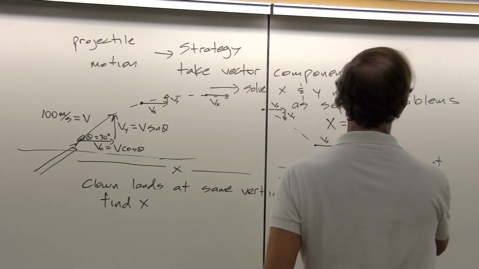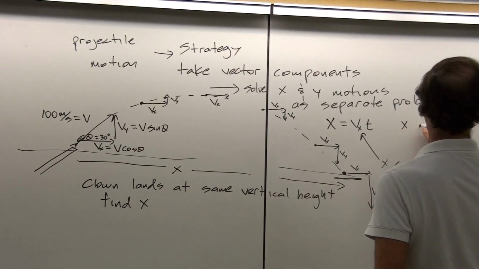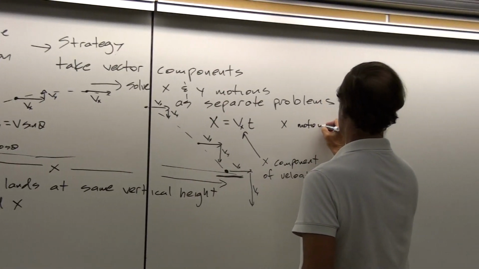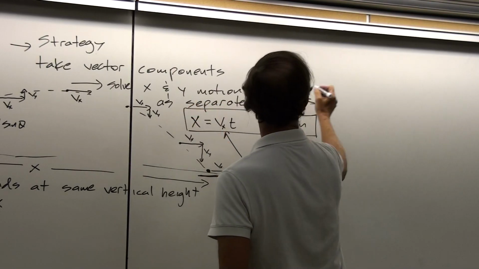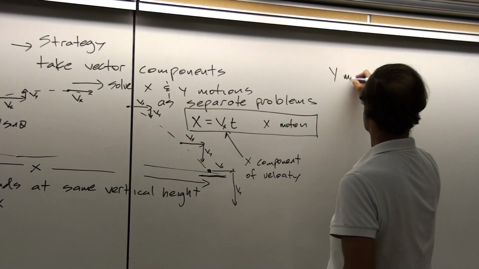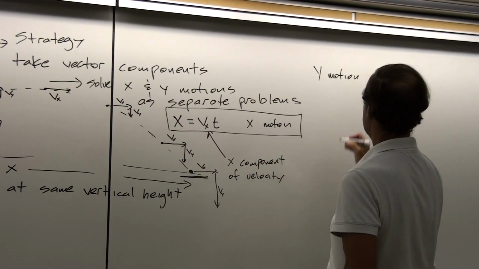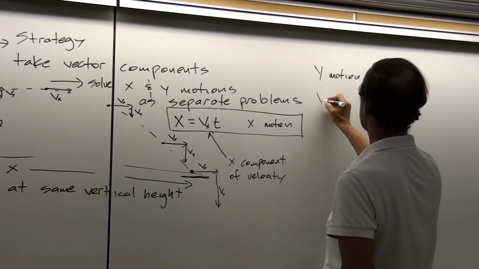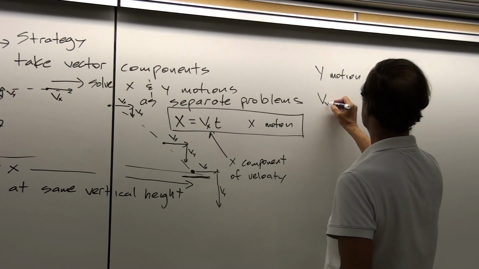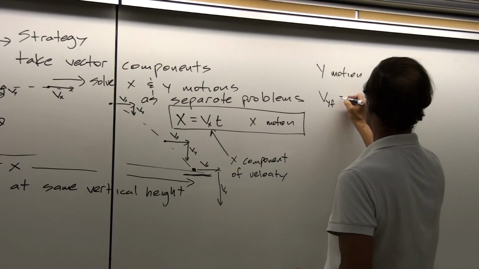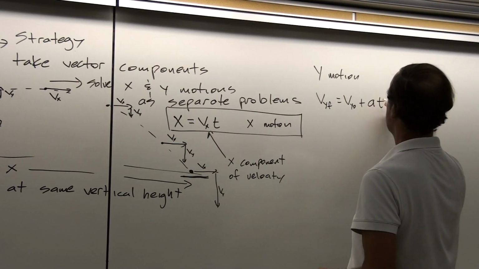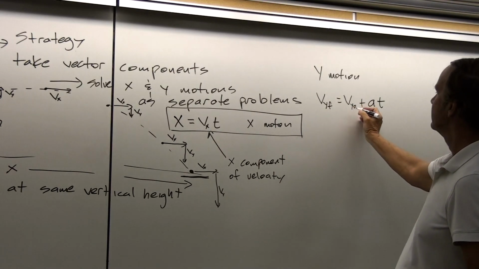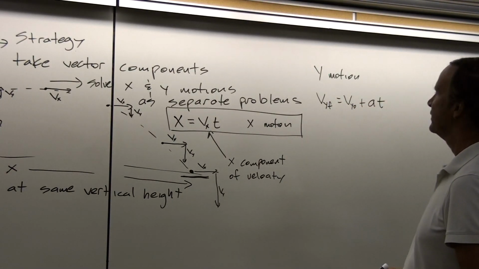Okay, so this is the x motion, very simple. But the y motion involves our 4 kinematics equations, but now it's at the y component of velocity. So we have Vy final equals Vy initial plus At.